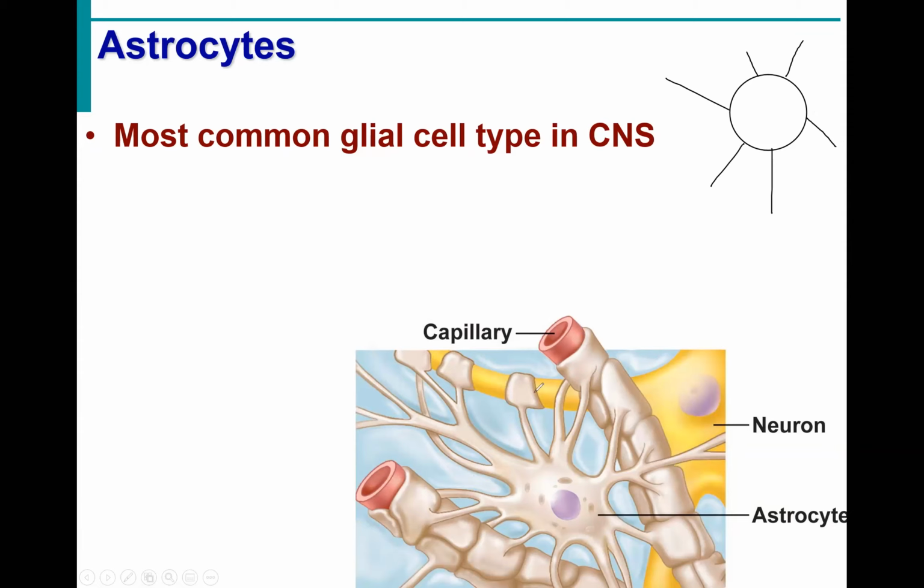As you can see, these help to form part of the scaffolding. They help to give some of the framework, right? So they're providing the support and the framework for our central nervous system, for the brain and spinal cord.